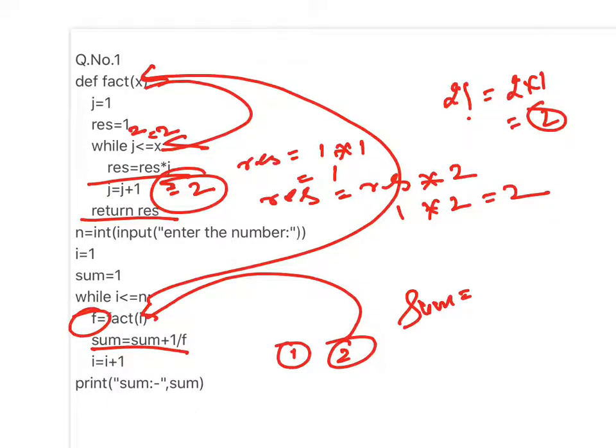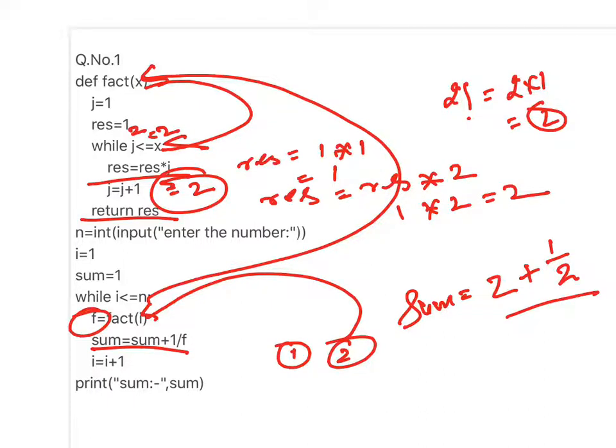Sum was already 1 plus 1, 2, in the previous step. Now 1 upon factorial, 1 upon the value of f. The value of f is 2. Now you can calculate here.